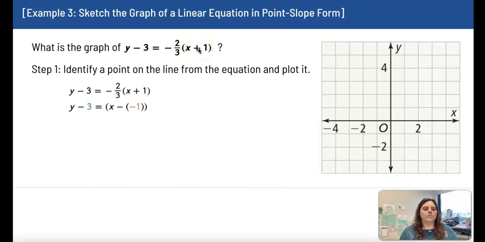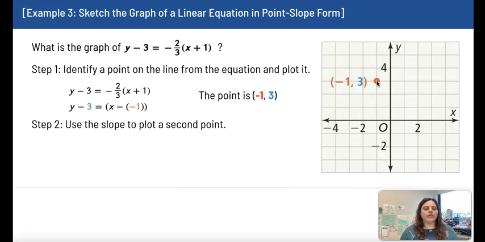So we pull those numbers out, the 3, and we're going to change this from plus 1 to minus negative 1 because we want to remember that our original formula is x minus a number. So we just change that from plus to minus, the opposite. So we have 3 and negative 1. So our point is negative 1, 3. So we'll put a point at negative 1, up 3.